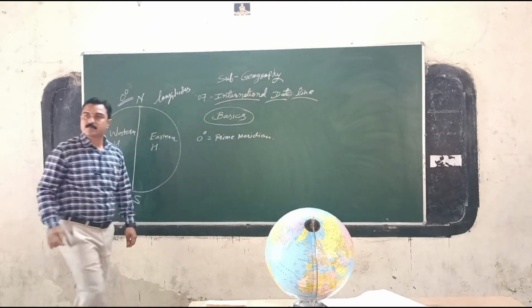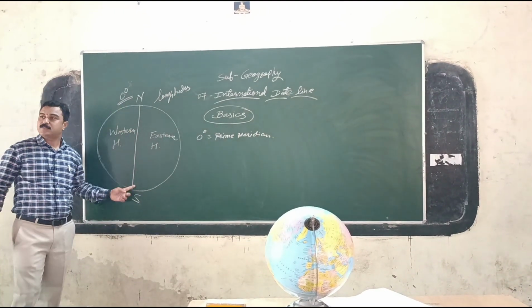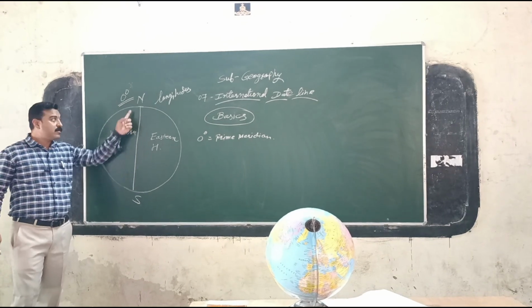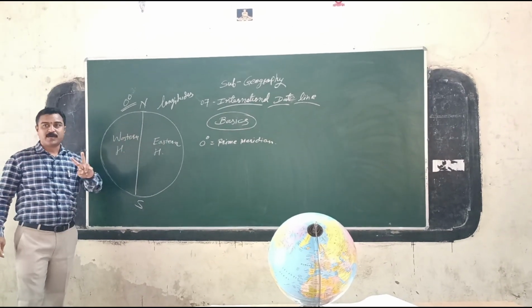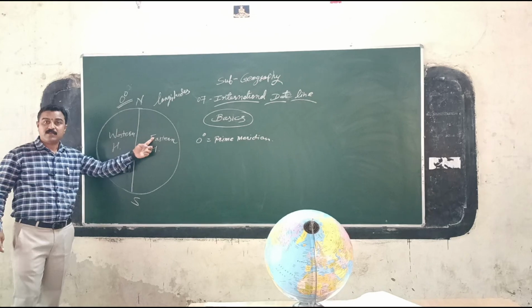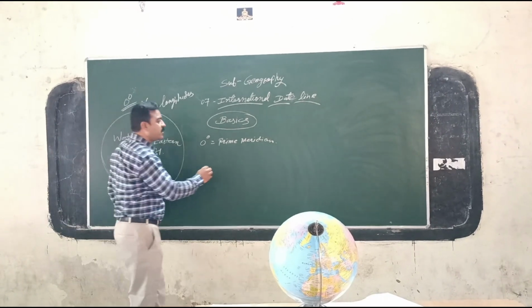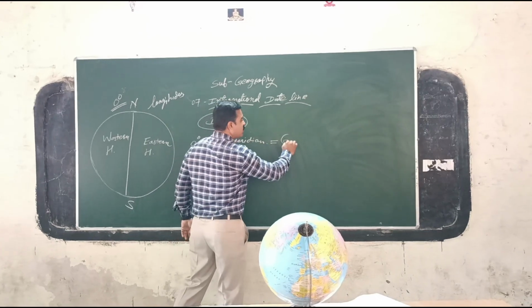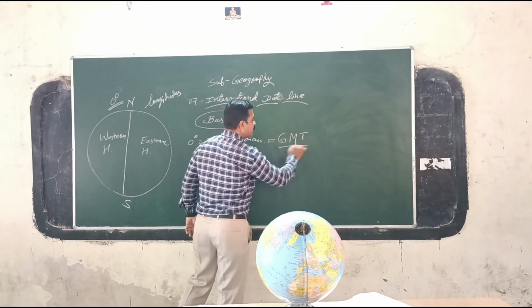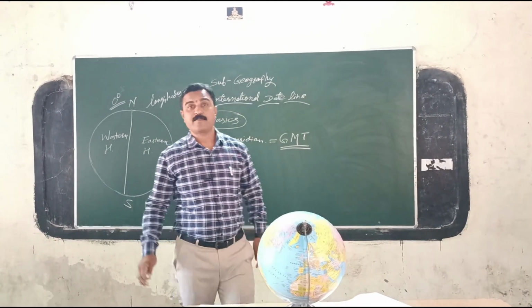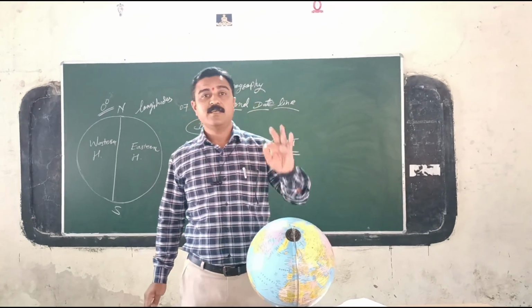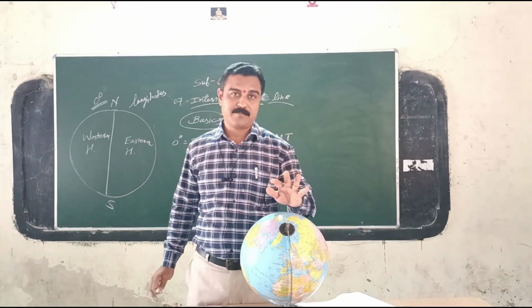Now what is the use? Because of this 0 degree, the whole earth is divided into two parts, that is called eastern hemisphere and western hemisphere. Now this 0 degree is considered for GMT. What is this GMT? This GMT is Greenwich Mean Time.